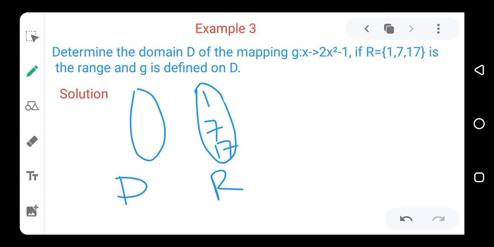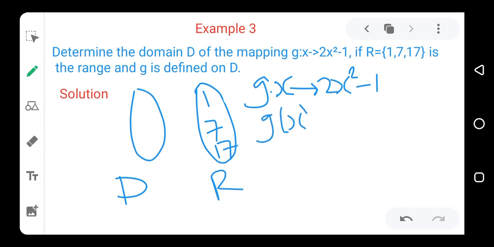So here we are using G. So we have that G is a function of x such that g of x is equal to 2x raised to the power 2 minus 1.